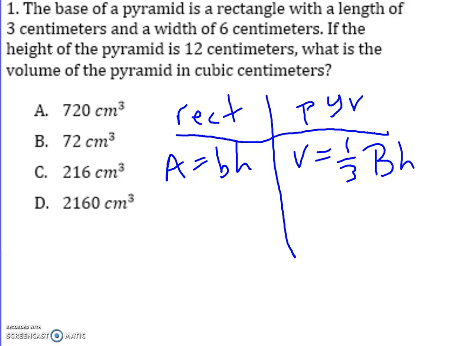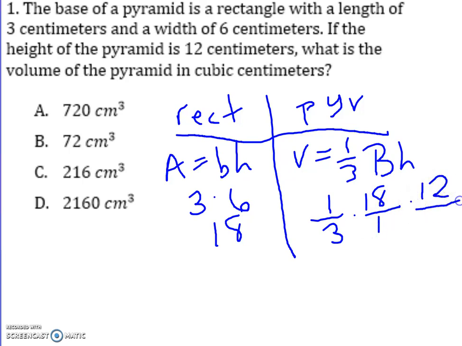So it says the pyramid has a length of 3 and a width of 6. 3 times 6 is 18. So we're going to say 1/3 times 18, and the height of the pyramid is 12.